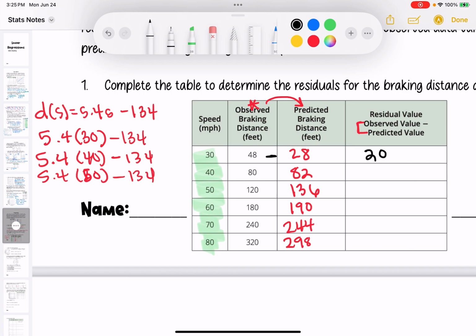Then 80 minus 82 gives me negative 2. 120 minus 136 is negative 16. 180 minus 190 is negative 10. 240 minus 244 is negative 4. And 320 minus 298 is 22. That's how you find the residual value.